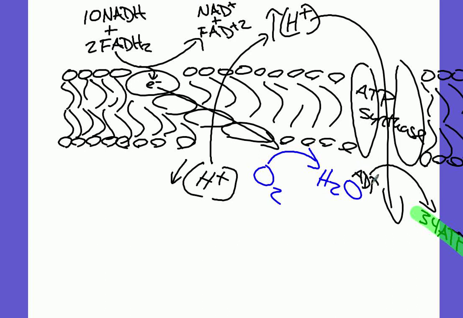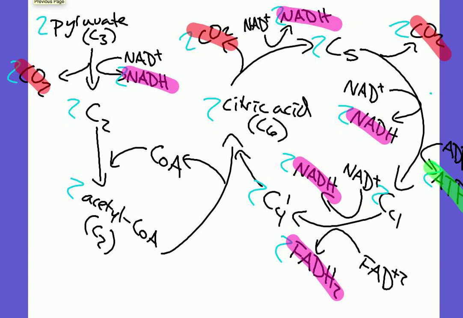I make those from ADPs. Obviously, I would need 34 ADPs to make 34 ATP, but I assume you could pick that up from the picture itself. But now I have 34 plus, if I go backwards, these two, how many total for a eukaryote? 36 ATP.